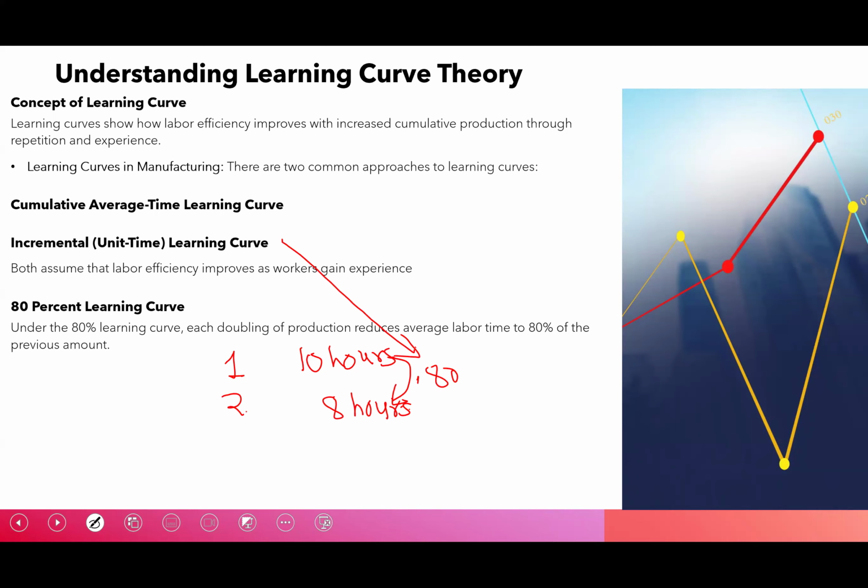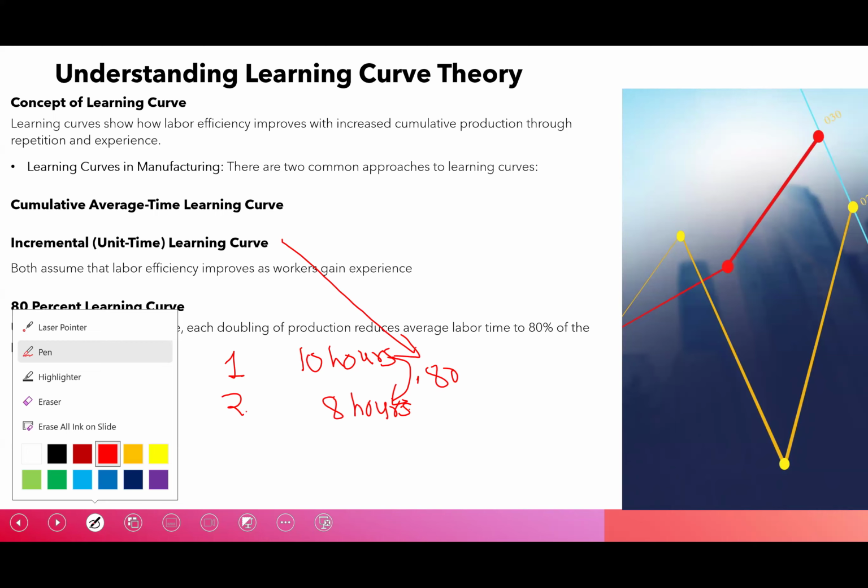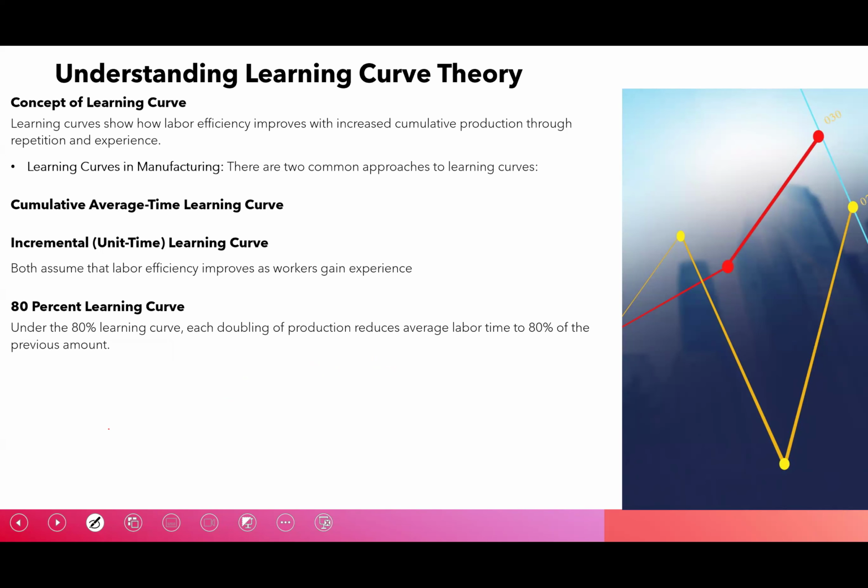The average method, on the other hand, let me erase this and show it to you. Suppose these are your units, unit 1 and unit 2. Time taken is 10 hours. Let's make another time column which is called total time, and a third column which is called average time. The 80% learning curve has to be in the average column, not in the total column.